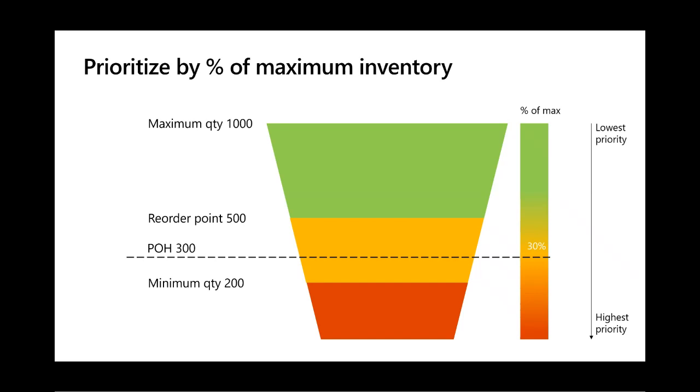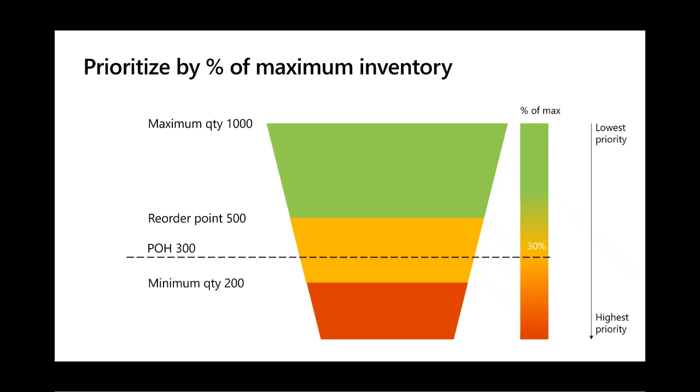So taking this example that we covered at the beginning, where my warehouses have a minimum of 200, a reorder point of 500, and a maximum of 1000, prioritization by percent of maximum inventory will take the projected on-hand inventory value, which for example, in this case is 300 units, and assign a priority as that value as a percent of the maximum. So 300 units is 30% of 1,000. So the assigned priority value, if we're using this method, is going to be 30.